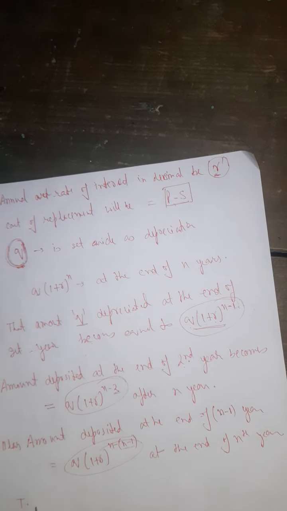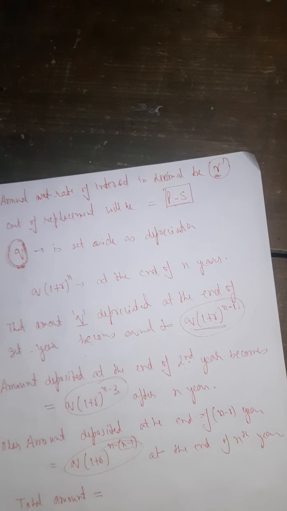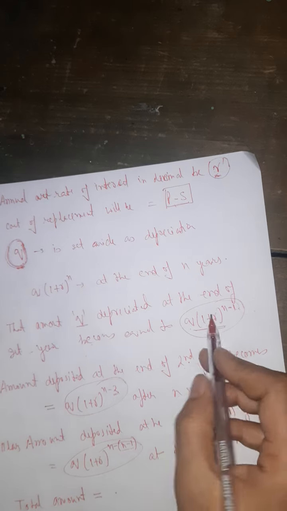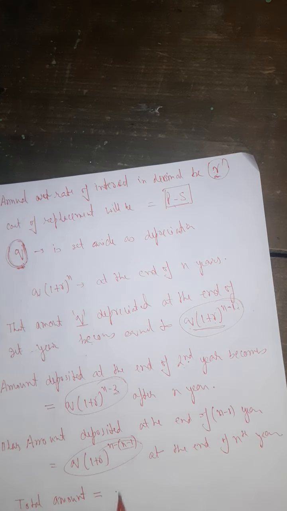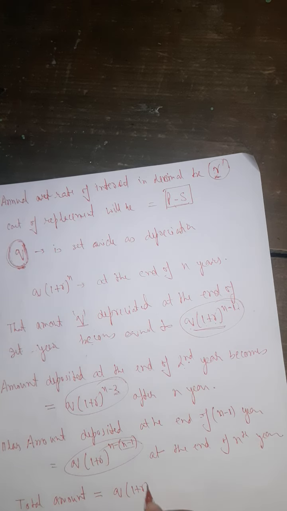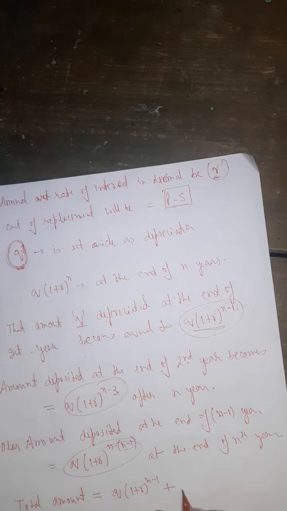So the total amount will be equal to what you have deposited at the end of the first year, plus the interest on that money at the end of the nth year, which is given by Q into (1 plus r) raised to power n minus 1, plus the money deposited at the end of the second year, which at the end of the nth year becomes Q into (1 plus r) raised to power n minus 2.